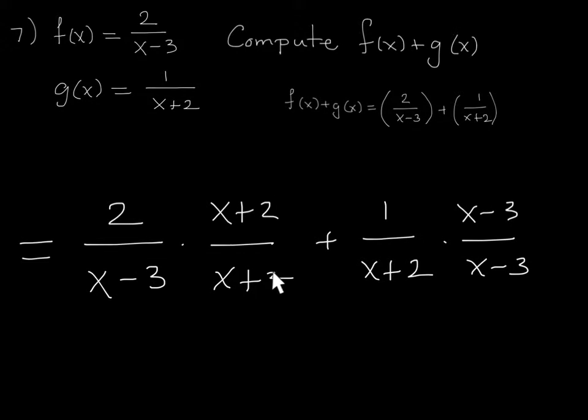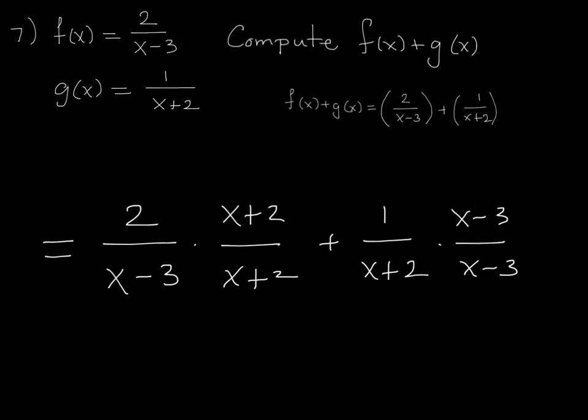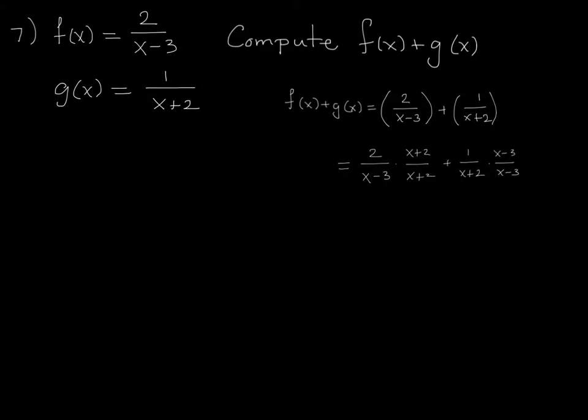So notice multiplying a value by x plus 2 over x plus 2 is essentially multiplying it by 1. So we haven't changed this value, nor have we changed this value because we're multiplying it by essentially 1. This is the same way you get common denominators when dealing with numeric fractions. We just happen to be dealing with functional fractions at this point.